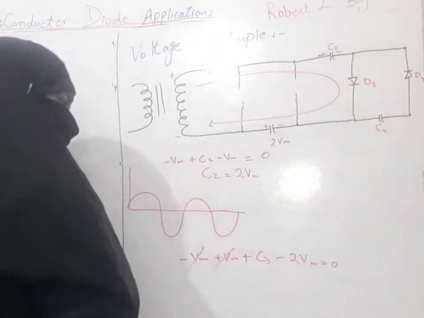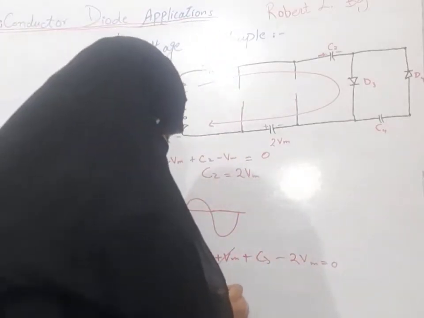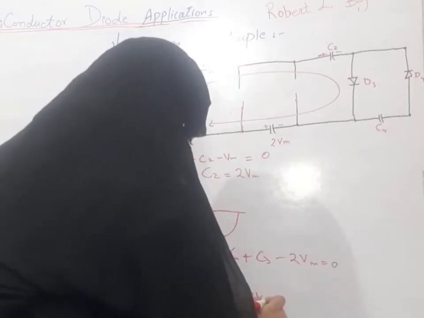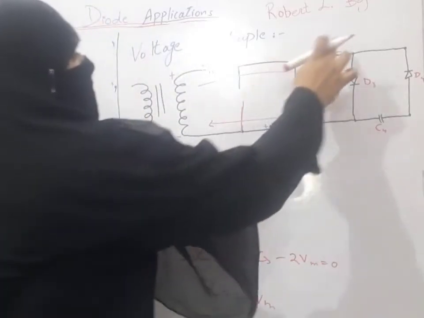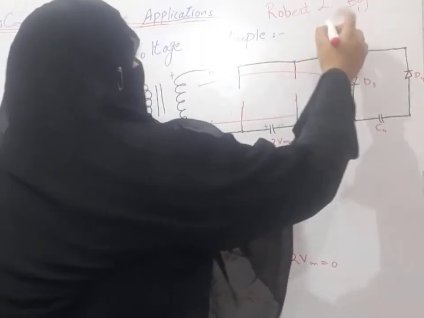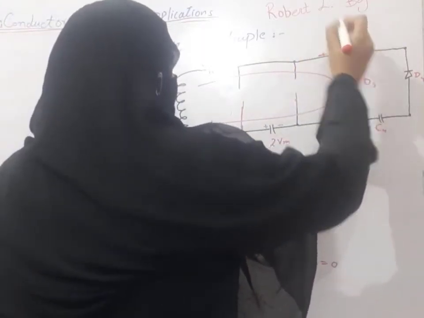Plus Vm will cancel out this minus Vm, and C3 will be at 2Vm. So now our capacitor C3 is charged to the level 2Vm.